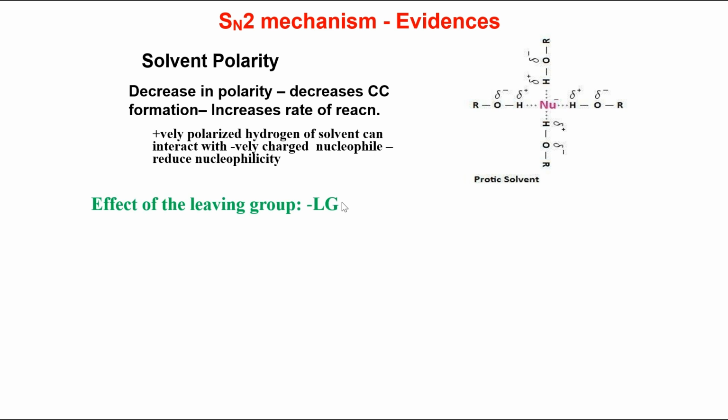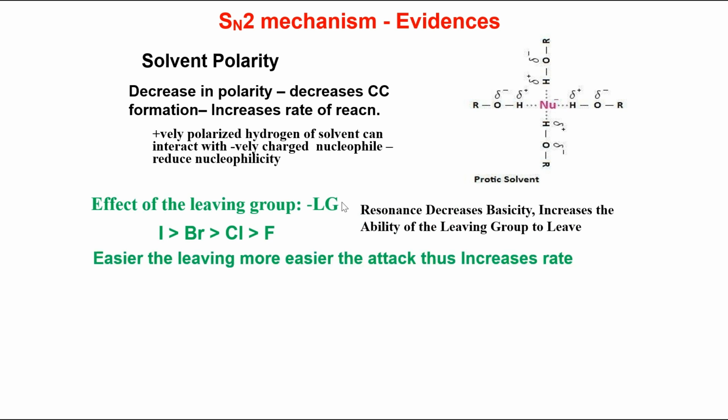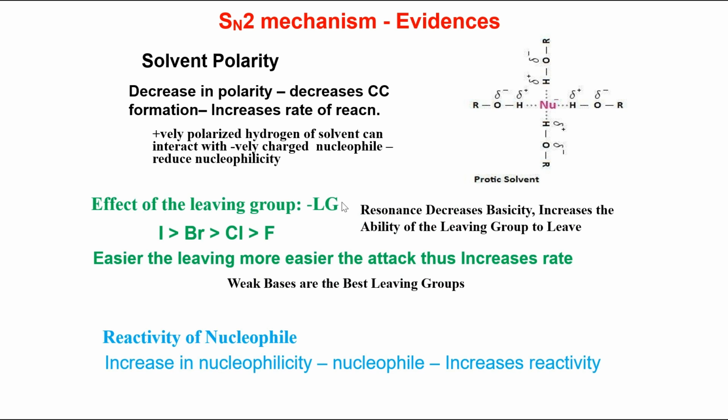For the leaving group, as the basicity is less, the leaving ability will be more. Thus, the better the leaving ability, the more the rate of reaction, which is similar to what we have seen in the SN1 mechanism. As the nucleophilicity of the nucleophile increases, reactivity increases.